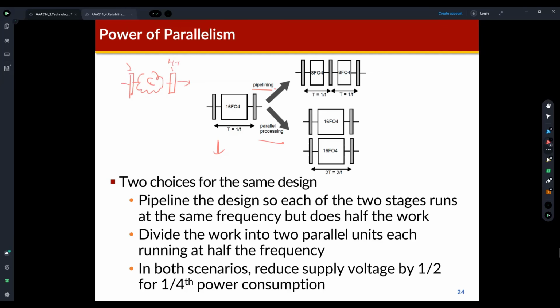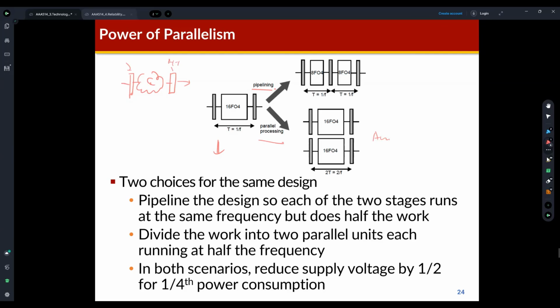Which means that we can invest more combinational logic, more resources, so we also increase the area. But with more resources, we can increase the throughput of our circuit.